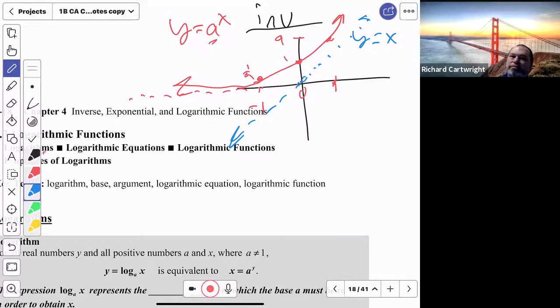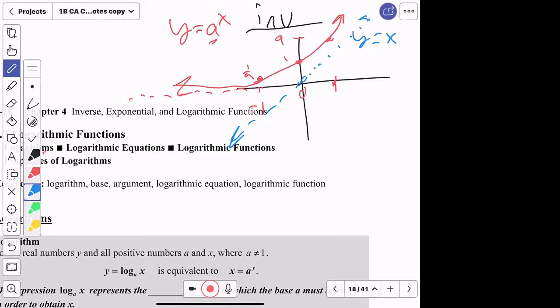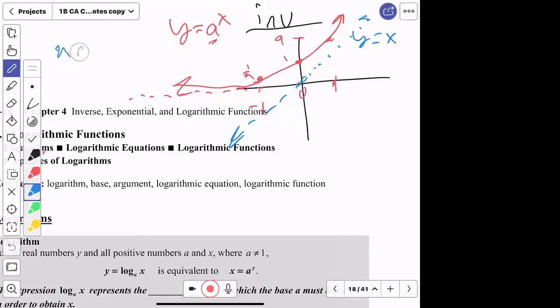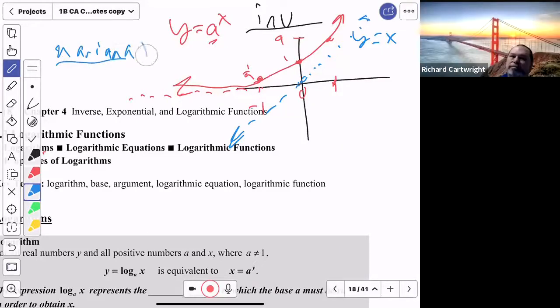There's one word I'm looking for. Starts with the letter R. It's reflected. Who was that? Mariana. Remind me today to send you some points. Okay, very good. It's a reflection. So I'm going to reflect this picture.